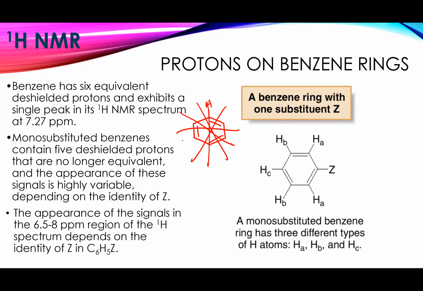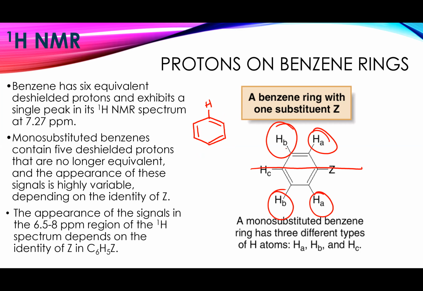You can draw a mirror plane across carbons, across bonds. There are so many planes of symmetry in benzene. When you introduce one substituent, you now only have one mirror plane. So we have 3 unique protons. We have our HAs, these are one set. We have HBs and HC. So 3 sets of protons.